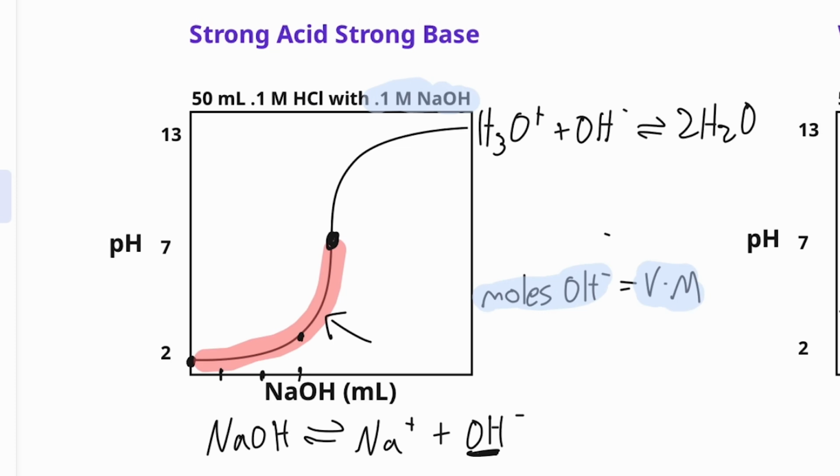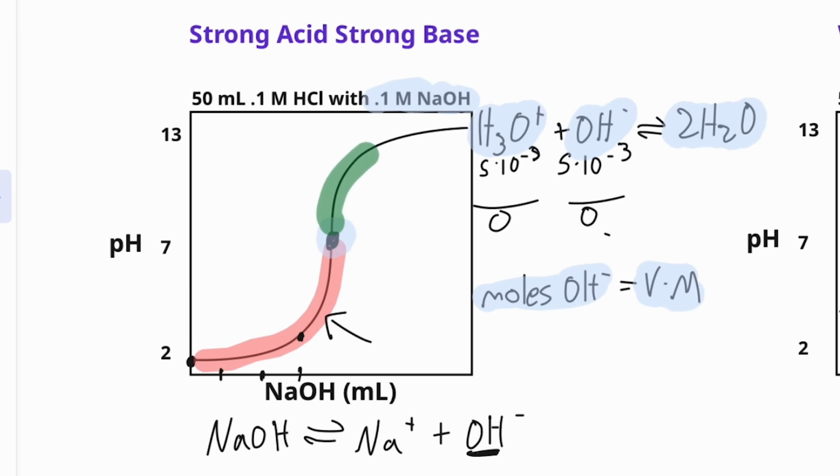For this particular problem, we know that the moles of acid was 5 times 10 to the negative 3. Since we have the same number of moles of H3O plus and OH minus, they're going to completely react with each other until there is nothing left. Since there is no H3O plus and no OH minus, that's what explains the equivalence point of a strong acid, strong base titration being perfectly at 7, because all of those have just turned into water.